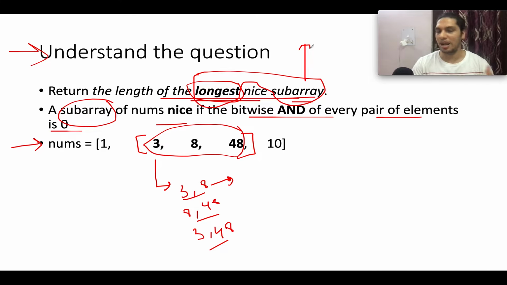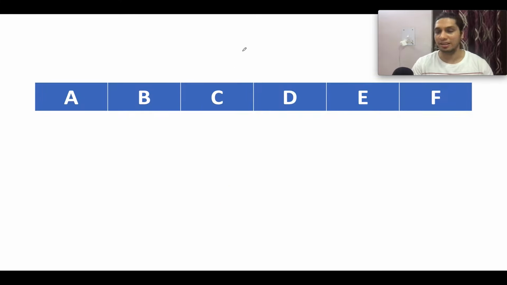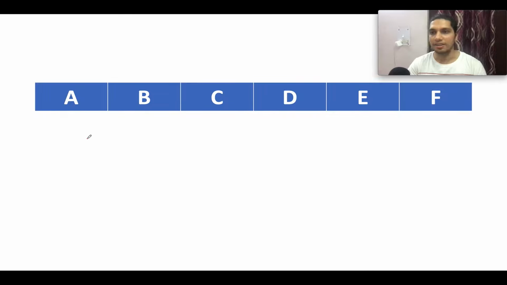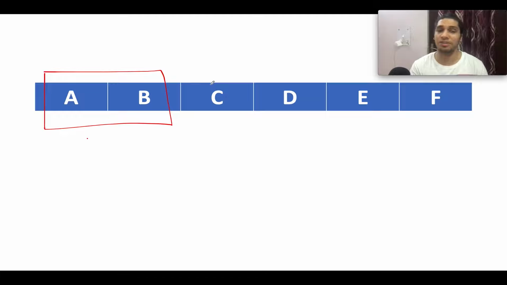So let's try and revise the sliding window concepts. Let's consider a hypothetical scenario wherein the elements A and B are currently part of the sliding window, and these two elements together satisfy the constraint as per the question. And let's again consider a hypothetical scenario that a new element is trying to be part of the sliding window, which is C. So what do we do?